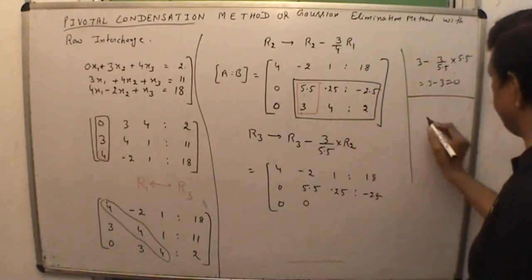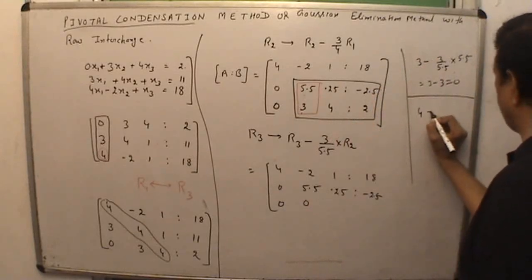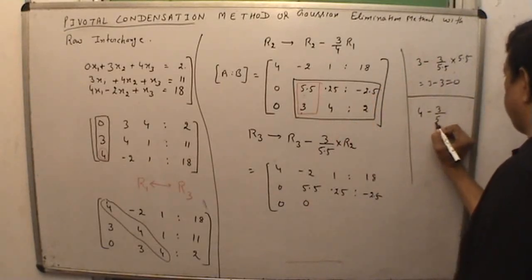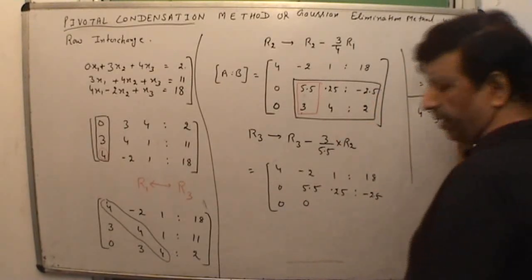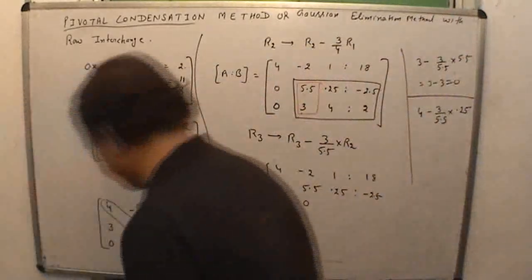Then what about this element? It is 4 minus 3 upon 5.5 into 0.25. That can be calculated.